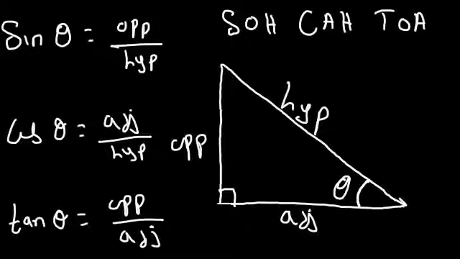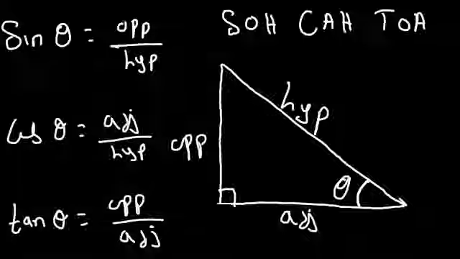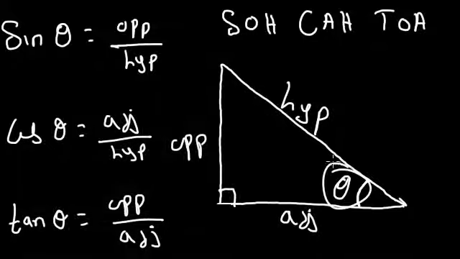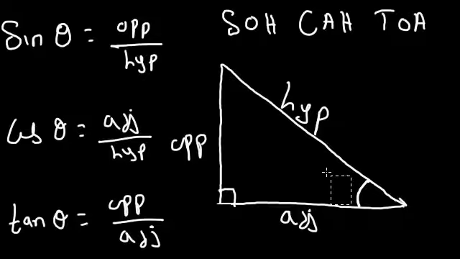Now, the next thing I want you to know is what would happen if this angle is not here, but instead here. If angle theta is now here, the opposite side has to be the side facing the given angle.